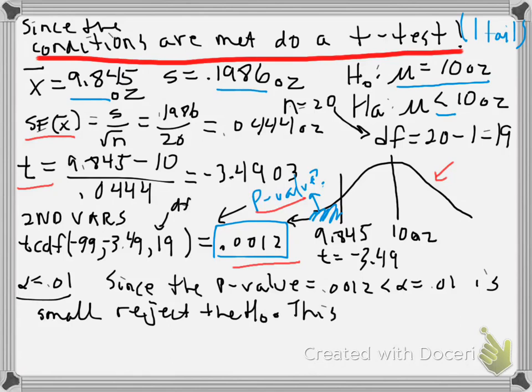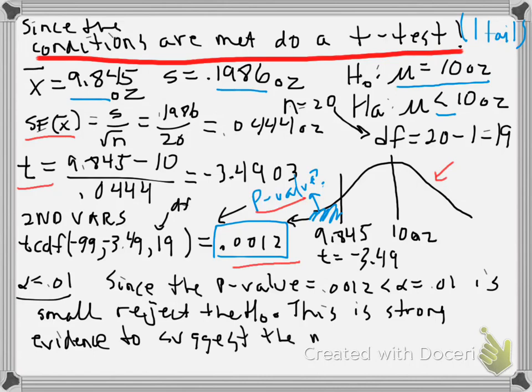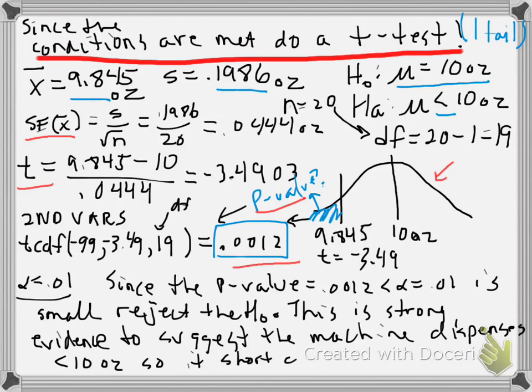This is strong evidence to suggest the machine dispenses less than 10 ounces, so it short changes people.